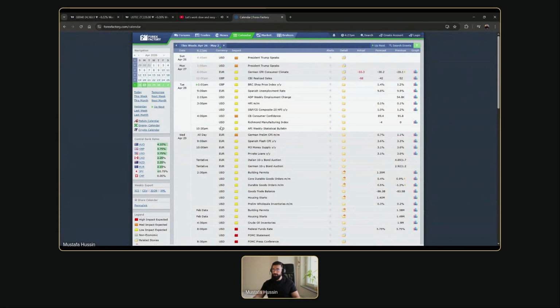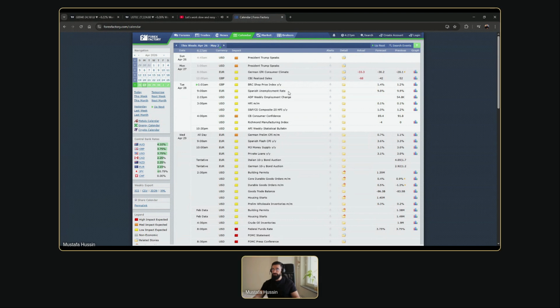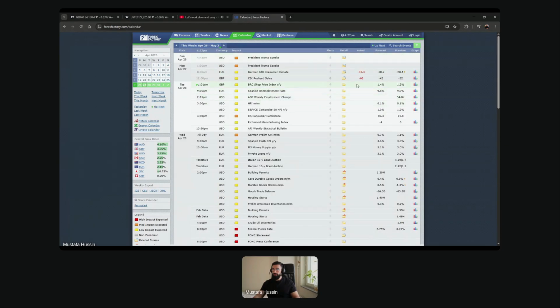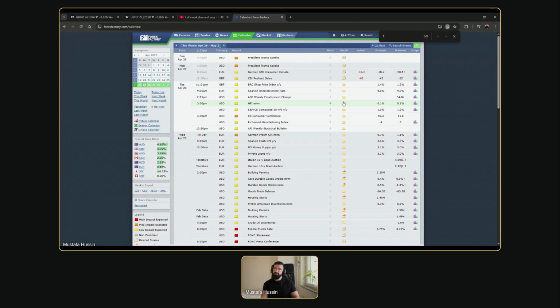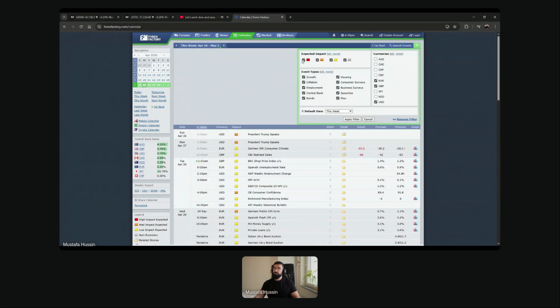Checking the news. There are news tomorrow. Spanish unemployment. You can filter these, by the way, in Forex Factory. Just the filter. Here you go.